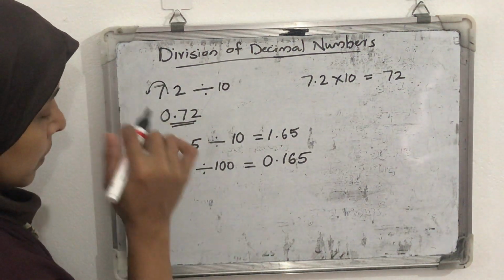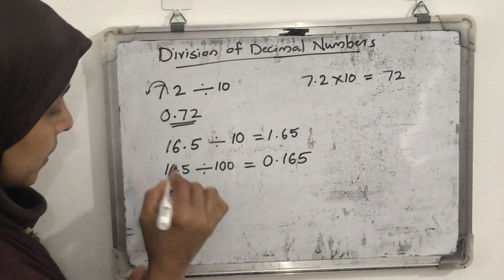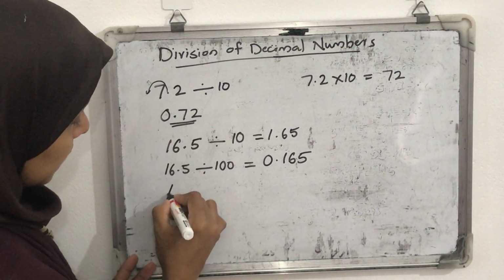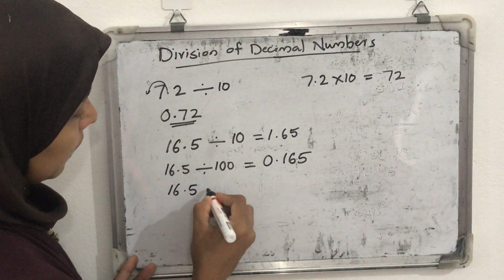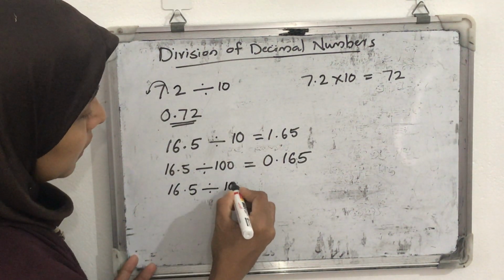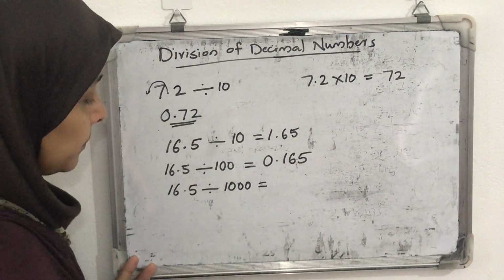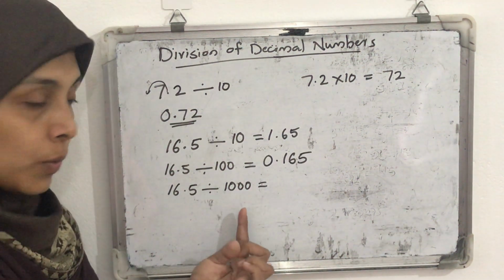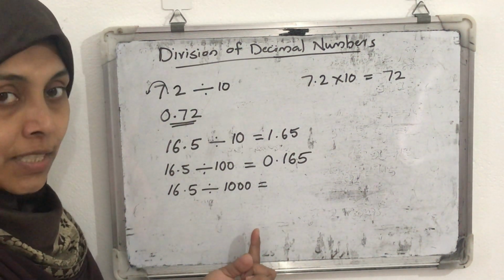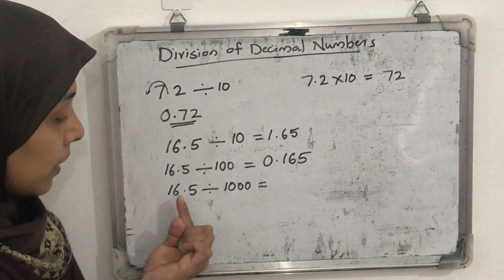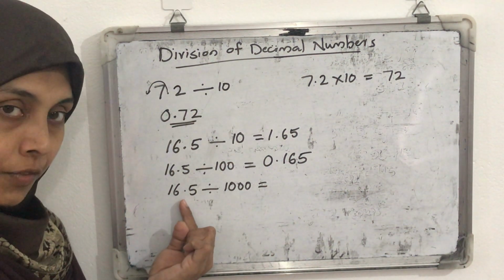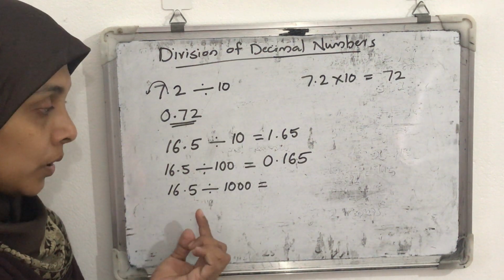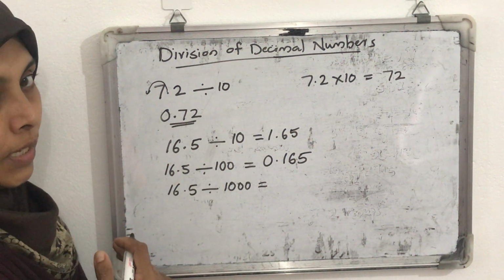Now another example. The same digits we can take. 16.5, if we are dividing by 1000, what will happen? Now 1000, how many zeros? 3 zeros. So here we shift this decimal point 3 places to the left side.